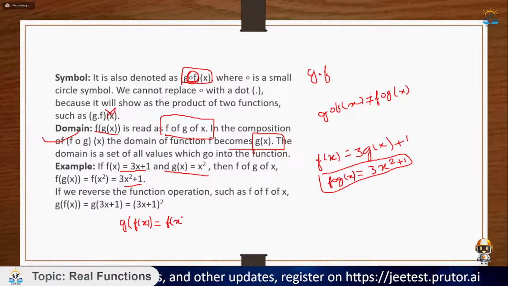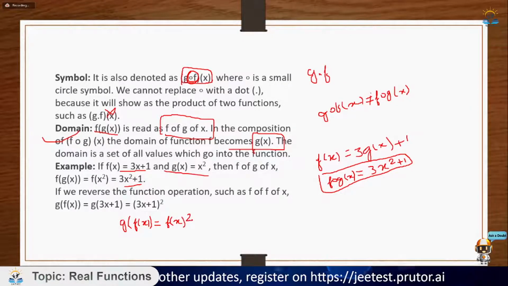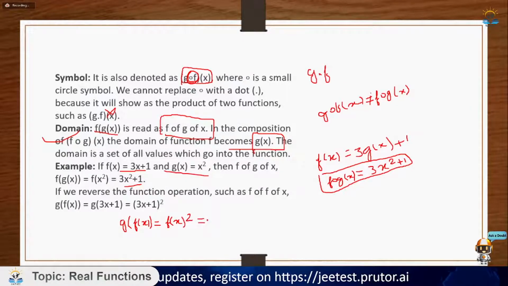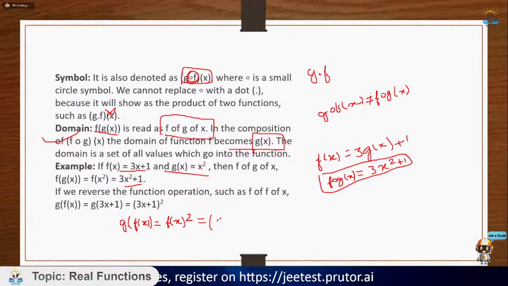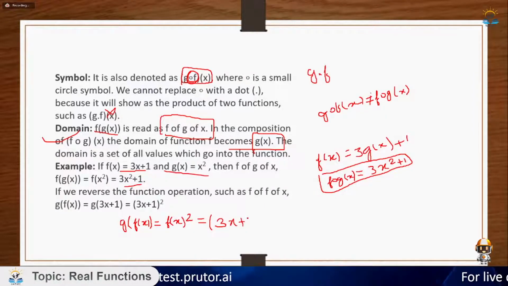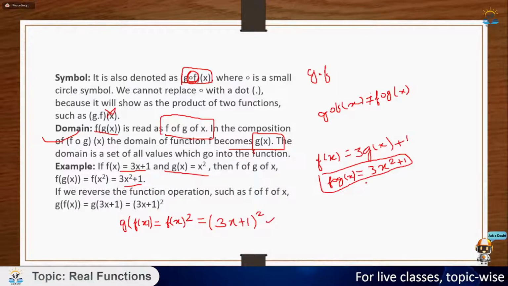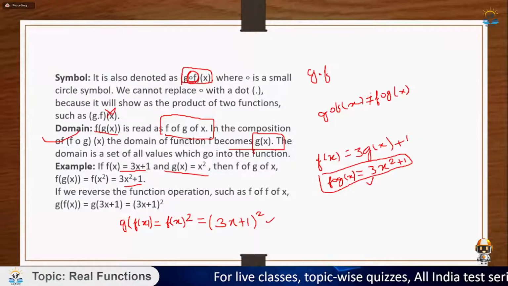So now replace fx by the value of fx, which is 3x plus 1. So it would be 3x plus 1 whole square. Okay, so this is my g of fx and this is my f of gx. So both are different things. Never misunderstand them as the same. They are an entirely different thing.